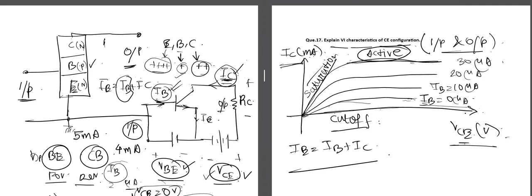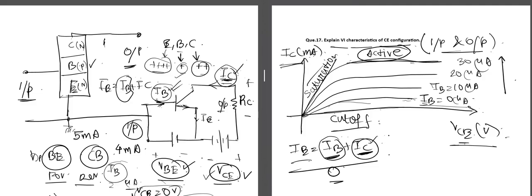And after that, if we increase the value of the parameter, which is IB in our case, we can see the value of the collector current is increased, because at first this IB was 0. So all the collector current is not at all influenced by this base current.